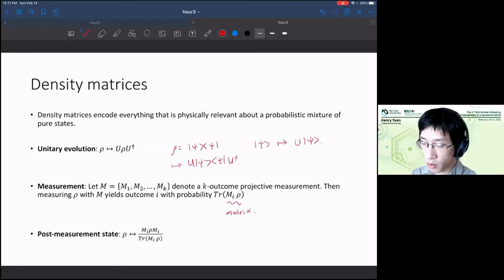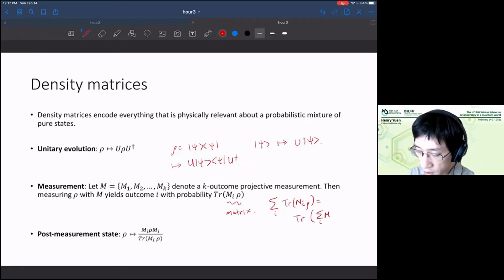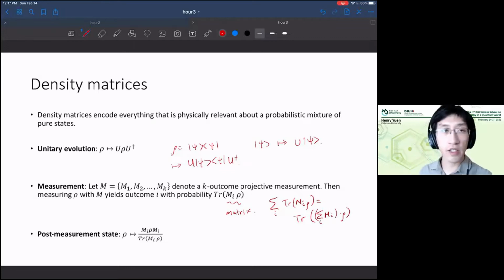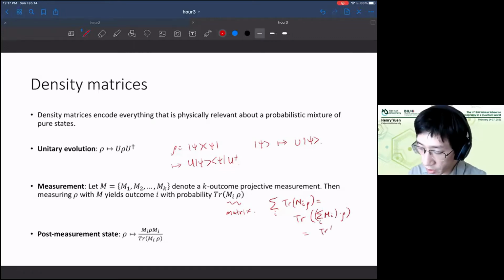Right? So one way to see that it sums up to 1: what is the sum of these probabilities? The trace is linear, so this is equal to the trace of the sum of the Mi's times rho. But since the Mi's form a measurement, this is the trace of identity times rho, which is equal to 1.